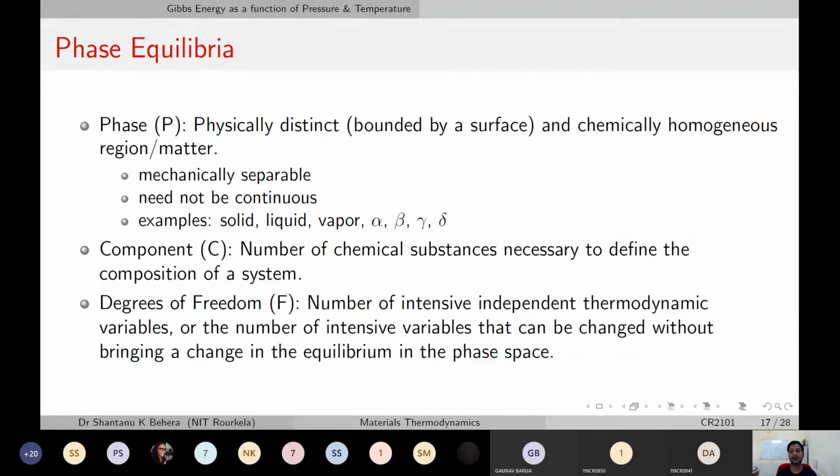You have things like carbon, which has different forms. You have carbon as carbon black, you have carbon as graphite, and you also have carbon as diamond, right? And if you look at the physicality of it, all of these are typically what we call solids. Those are different solids of carbon. But then they are different phases.